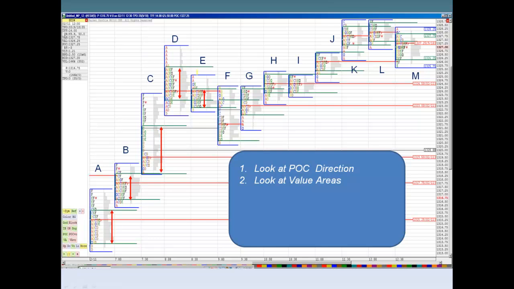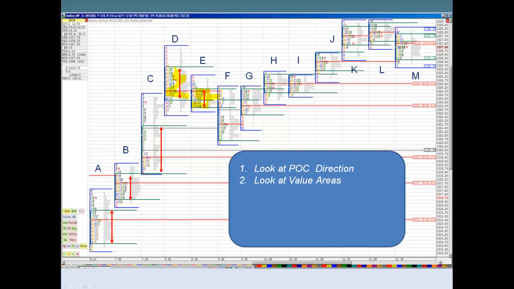Our first transition. And notice now how we can identify transitions easily and quickly on this type of a chart. First of all, look at where value is for period E relative to period D. Well, value has in fact dropped lower. Now, this is a definite sign of a transition. Again, is it a sign of reversal? Absolutely not. It just merely tells me that there's a transition in the market.